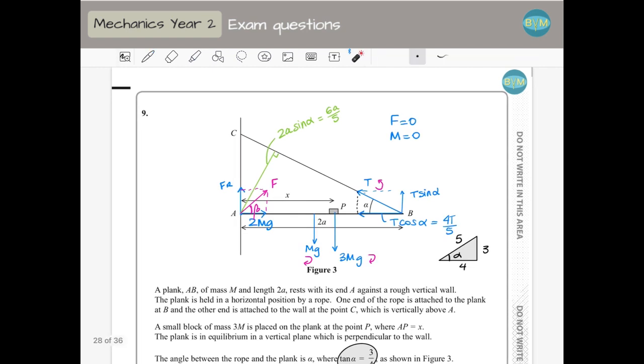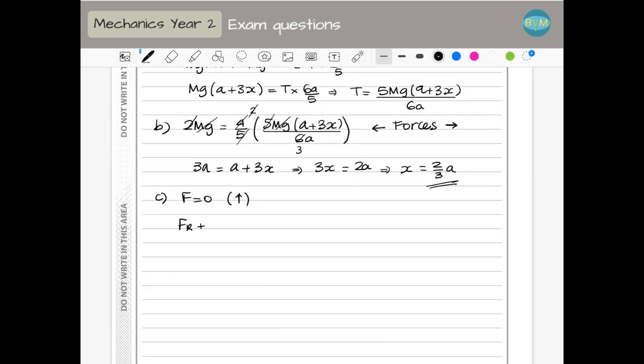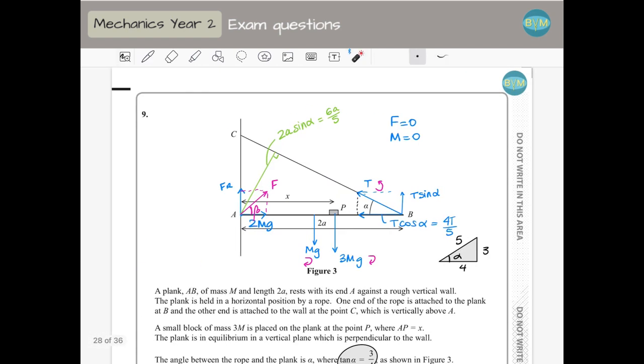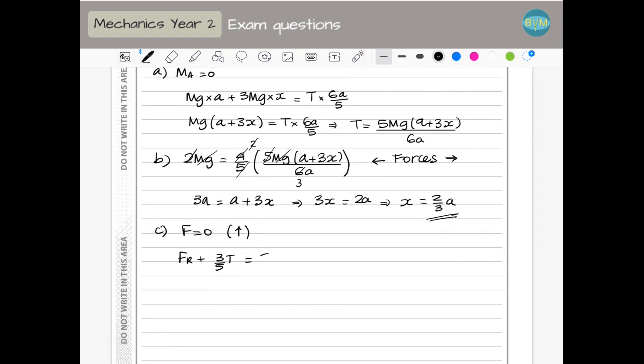And sine alpha, remember, is 3/5, so it's 3/5 of T. And it's going to be equal to the two forces that I have pointing down. So mg plus 3mg. Forces pointing up equal forces pointing down: mg, I need friction. And I know the tension, because I have an expression for the tension.